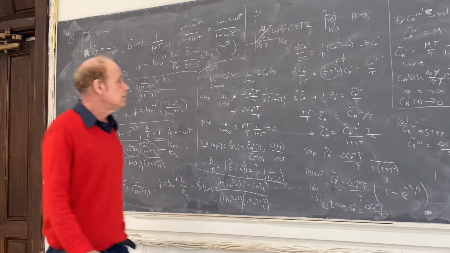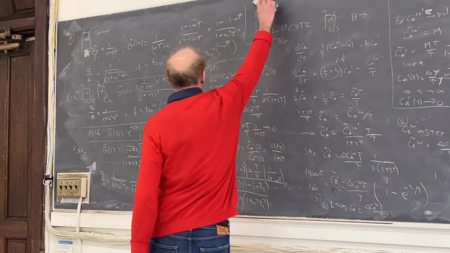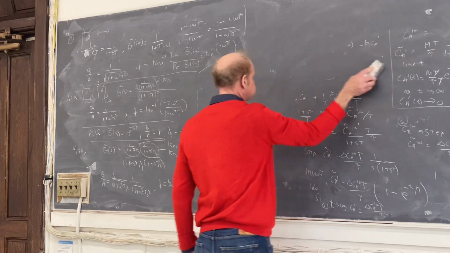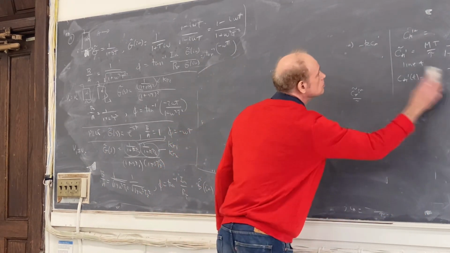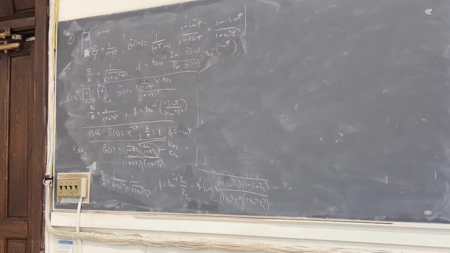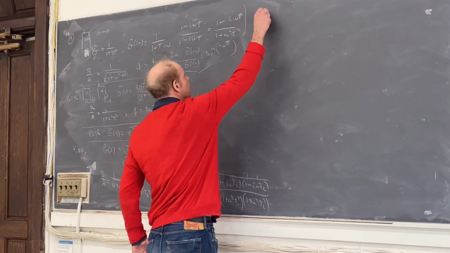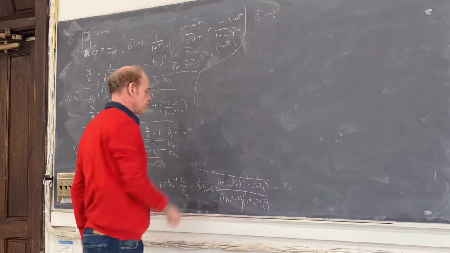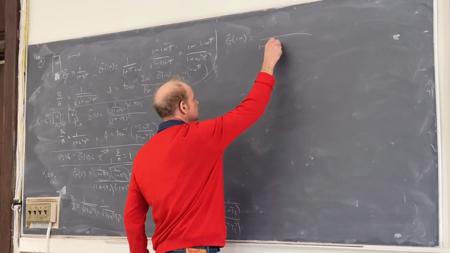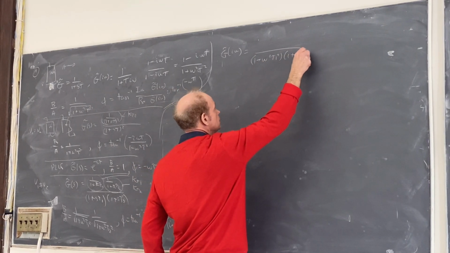I guess I could do that. So what you get is G tilde of iω, this is for the two CSTRs in series, would be equal to, I've got the denominator, (1 plus ω squared τ1 squared)(1 plus ω squared τ2 squared).